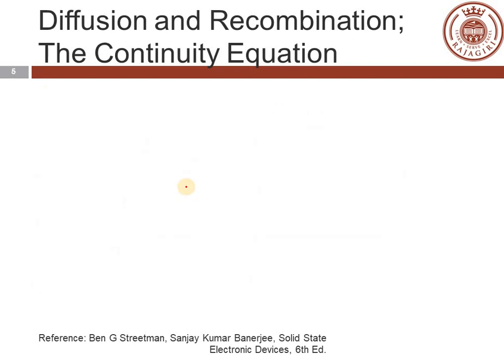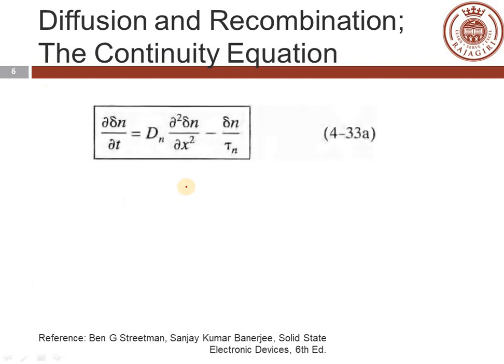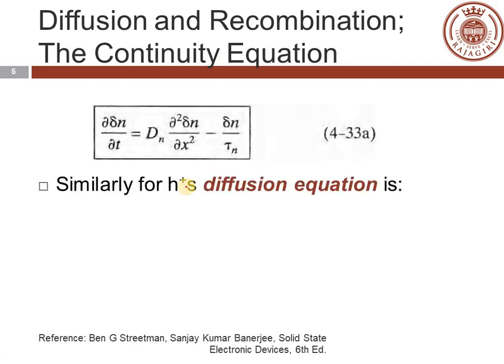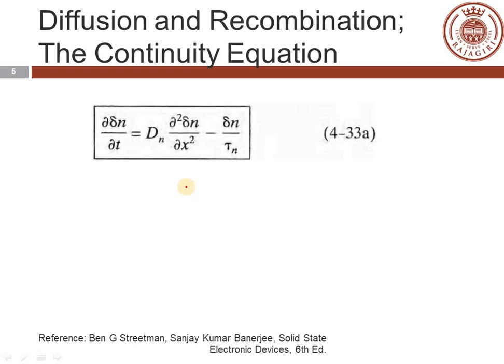Then we will get the expression as dou by dou t of delta n equal to Dn dou square delta n by dou x square minus delta n by tau n. And this one is called the diffusion equation for electrons.